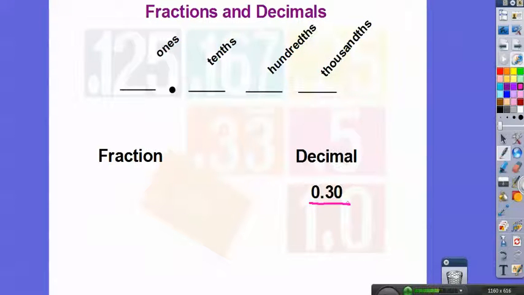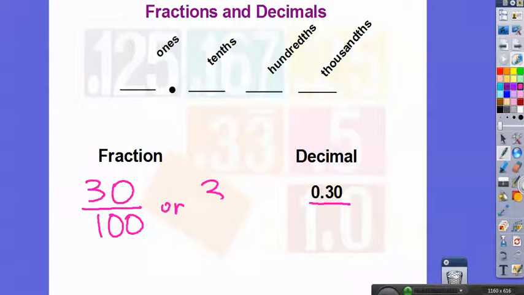Well, let's write both. 30 hundredths or 3 tenths, because a 0 lands in the hundredths place, so we could write 30 hundredths, or because we don't have to have this 0, we could write 3 tenths since the 3 is in the tenths place. But 30 over 100 or 3 tenths, those are the exact same thing.